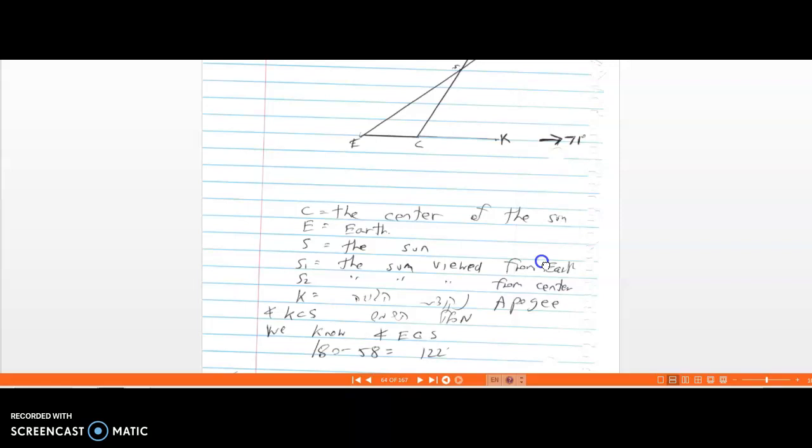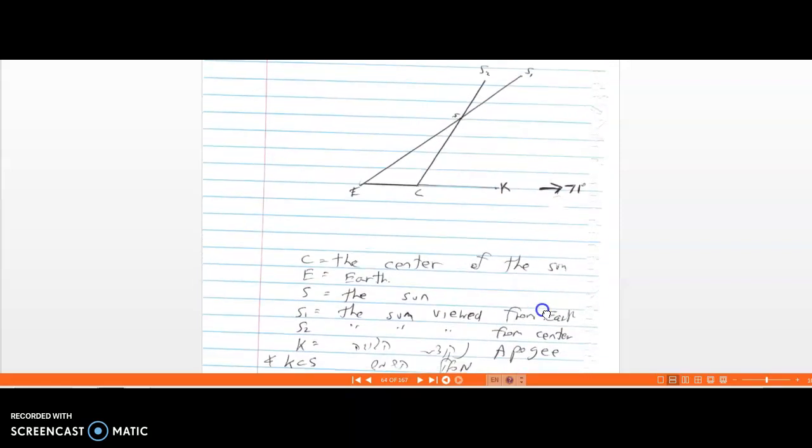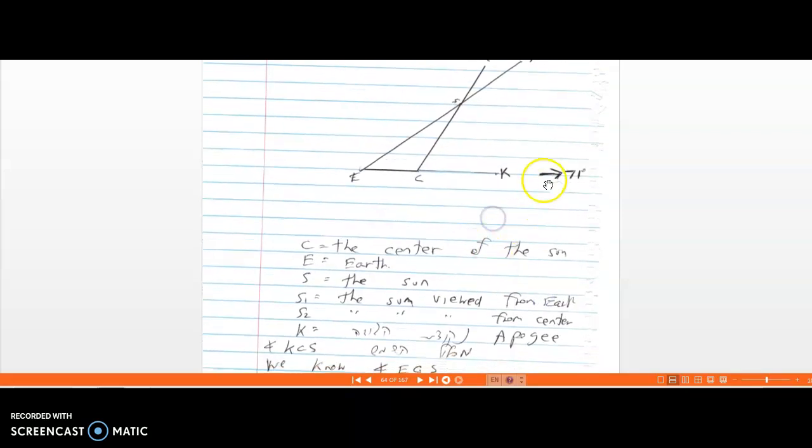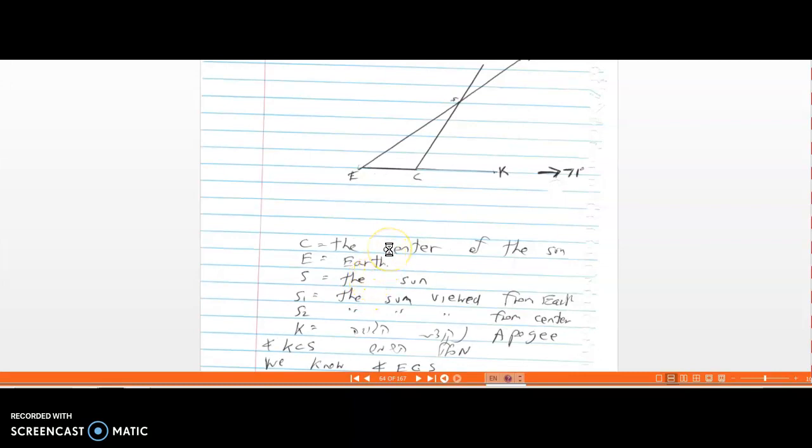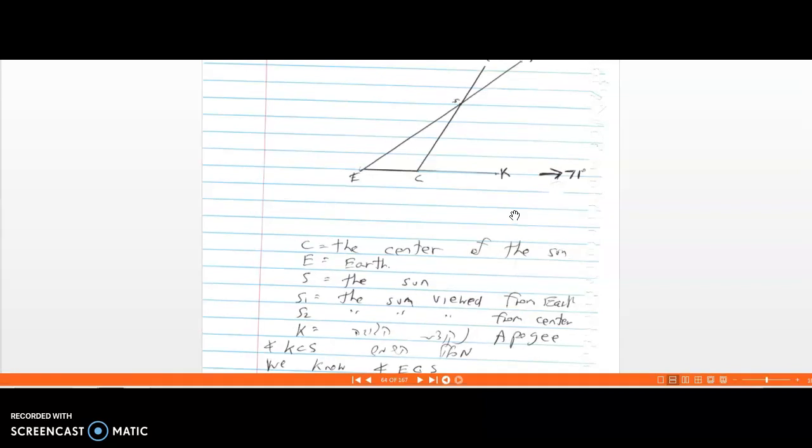K is the apogee, that's the Mokem Gova HaShemesh. KCS is called maslul hashemesh. Maslul hashemesh means how much the sun is away from the Gova.